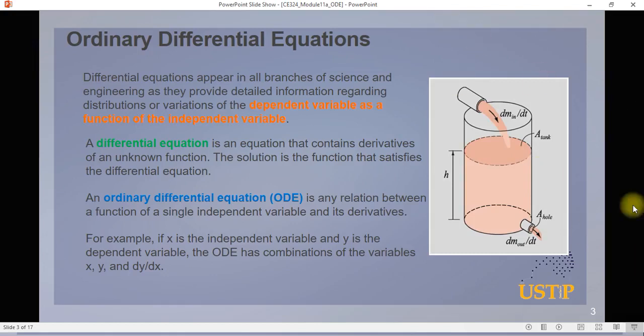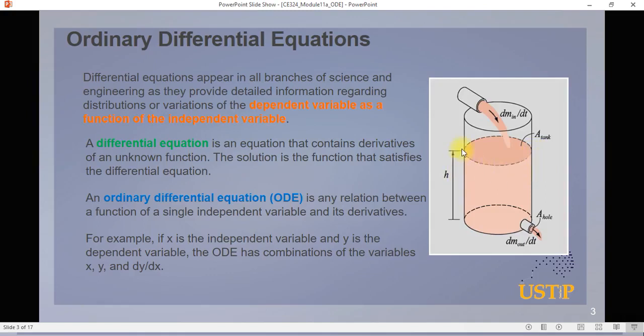So on the example, no, sa illustration, that is m, the mass, being the dependent variable, and then the time being the independent variable, no. So there is no other independent variable niya input sa iya but the time, only the time, no.